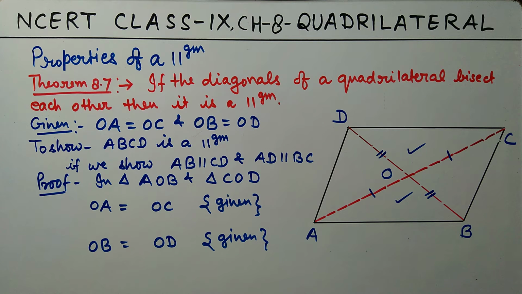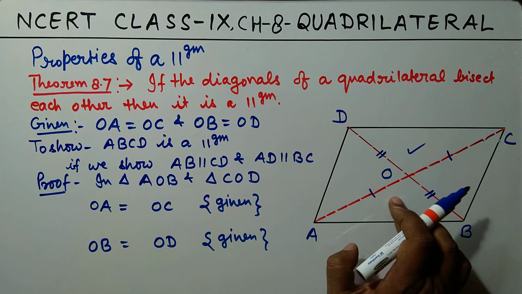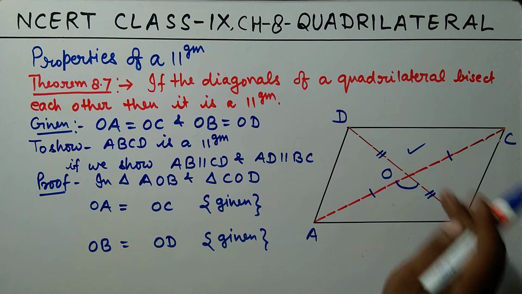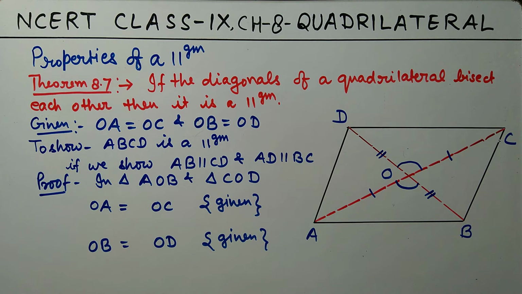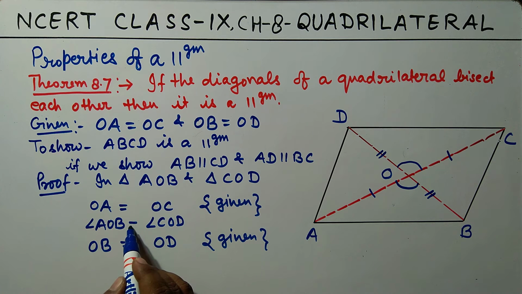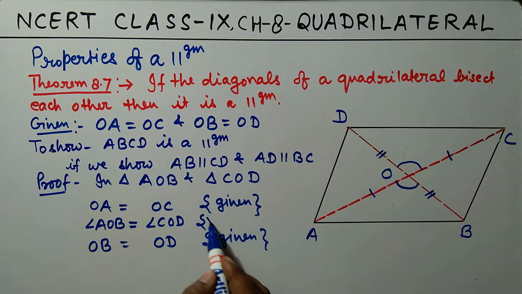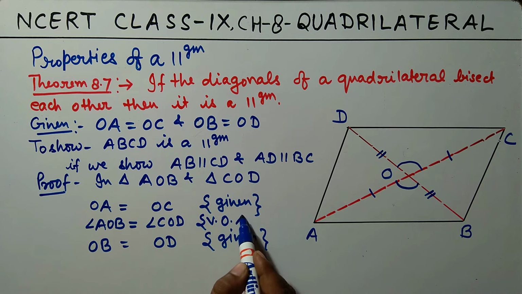Okay. Now the angle included between these two sides, what do you think about these two angles, angle AOB and angle COD? They are also equal because they are vertically opposite angles.